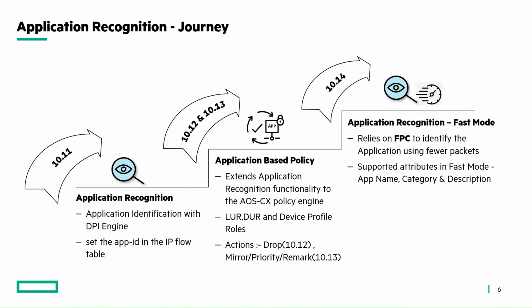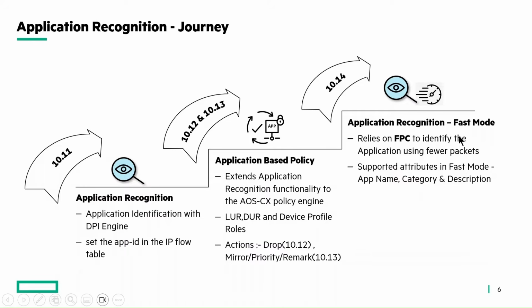It expands the capabilities of application recognition for the AOS-CX policy engine, supported in LUR, DUR and device profile roles. The permit and drop action was covered in phase 1 of the implementation in the 10.12 version, while the mirror, priority and remark actions were handled in phase 2, that is in the 10.13 release.